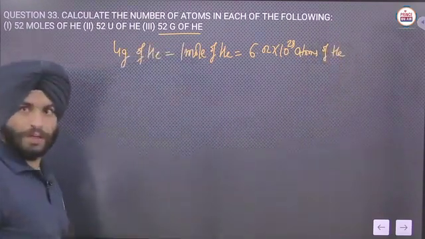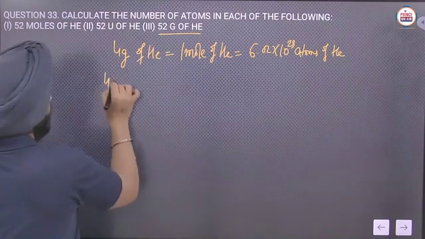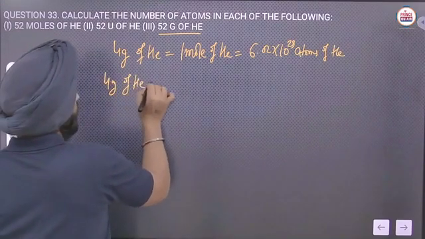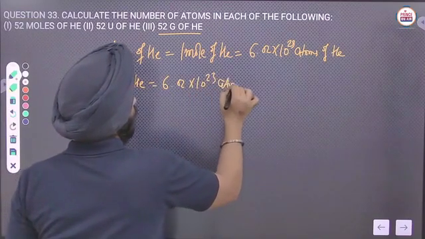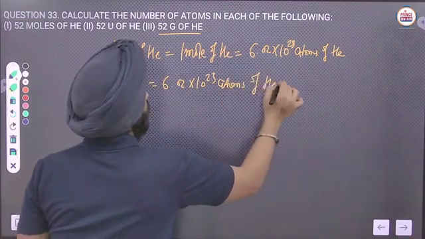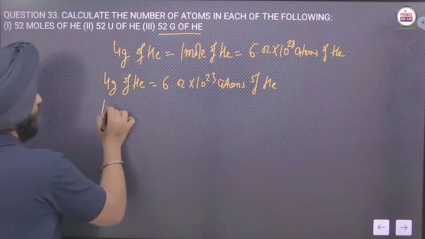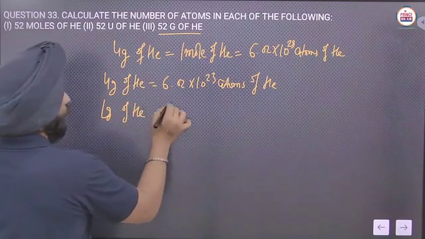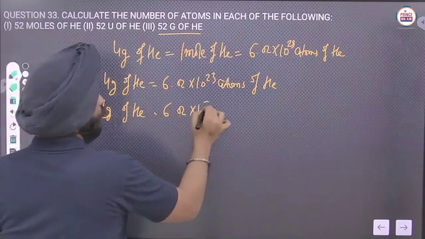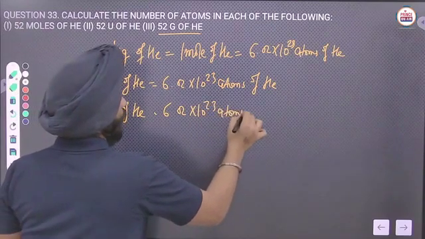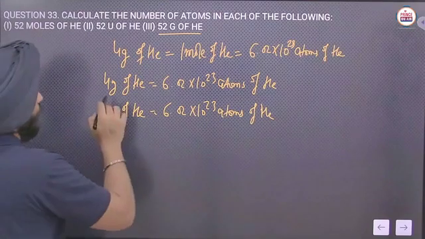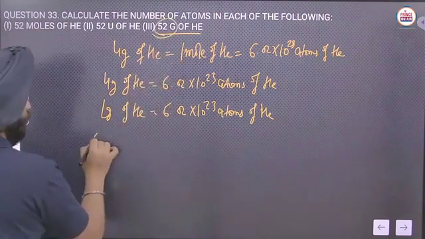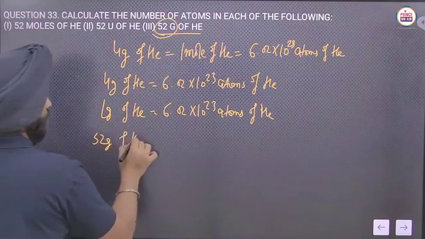Clear? Means 4 gram of helium will contain 6.02 into 10 raised power 23 atoms of helium.